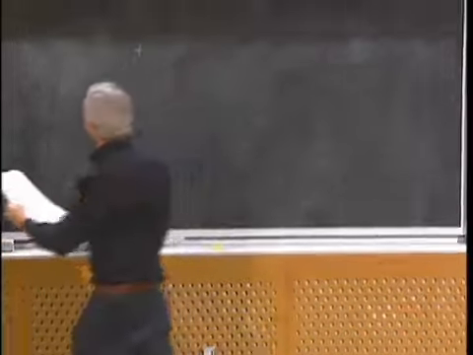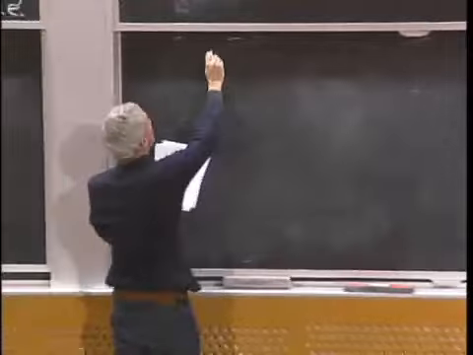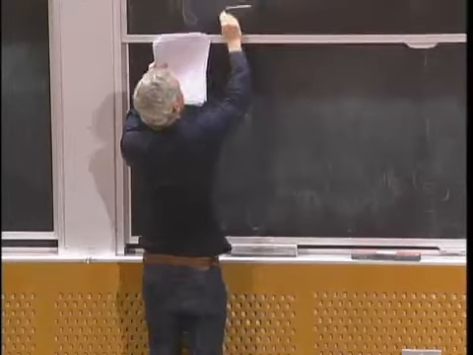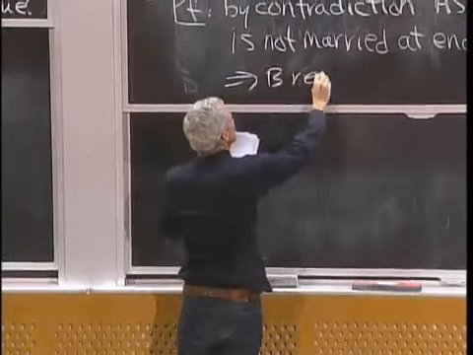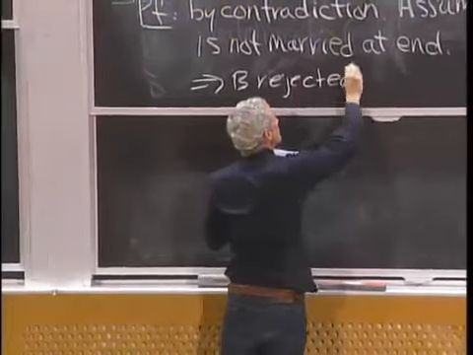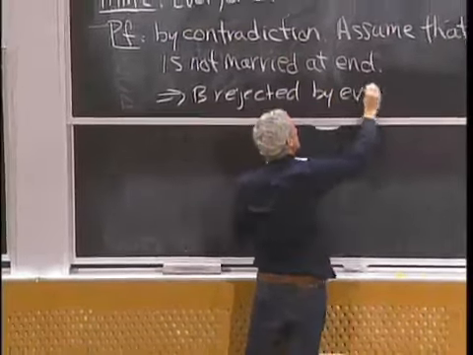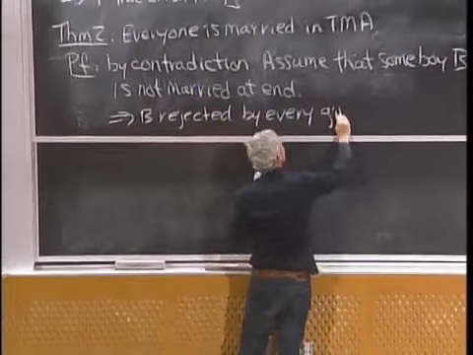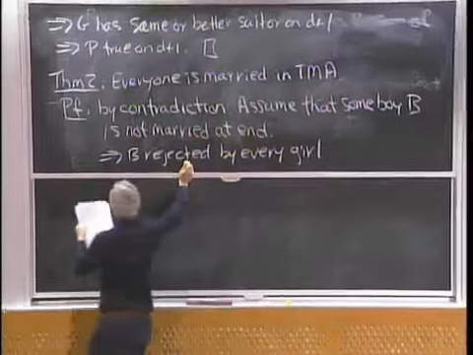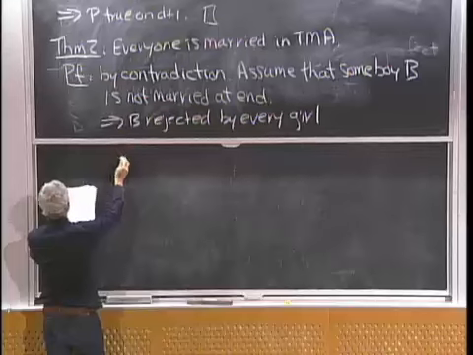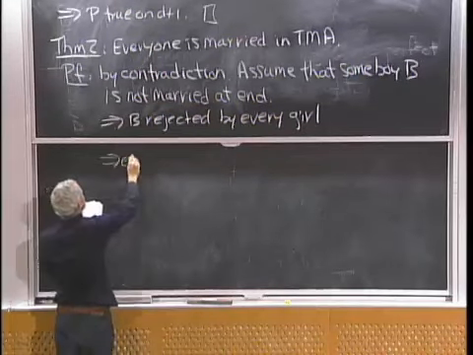Good. All right, let's write that down. This means that B was rejected by every girl. Okay, that means that every girl by lemma 1 has a better suitor.